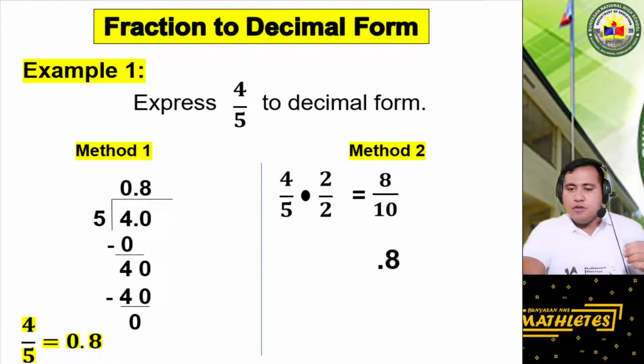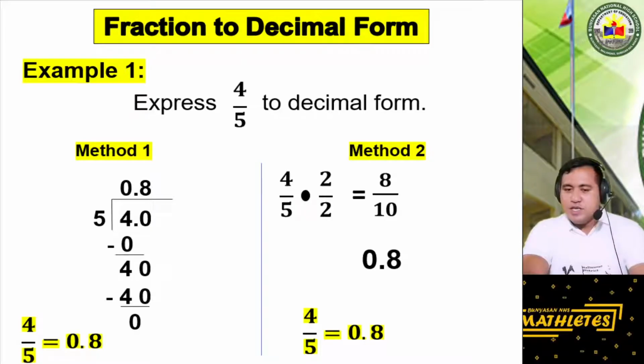Mabalhin ang decimal point sa left side sa 8. So 0.8 na siya. So that means 4/5 is equal to 0.8. Mas dali ning method.